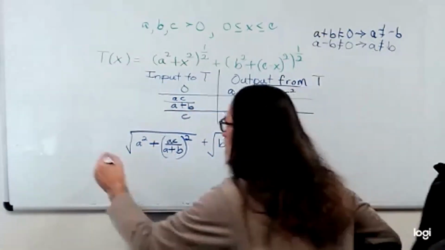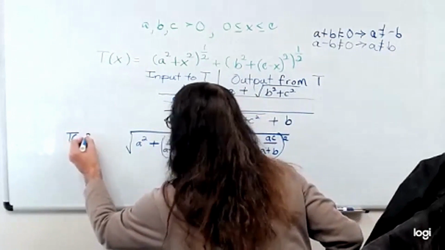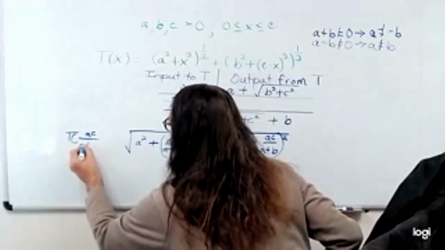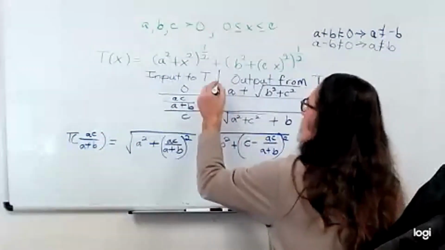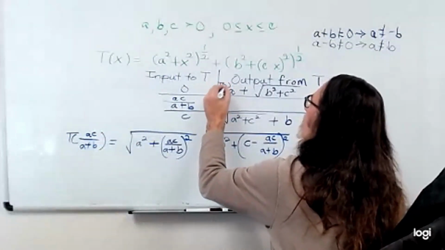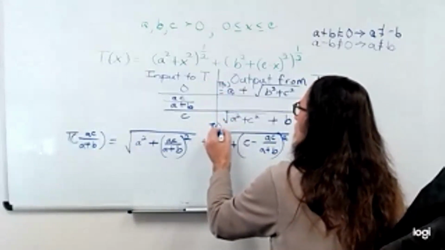This is finding out the value of t at that point, whereas this was t of 0, and this was t of c.